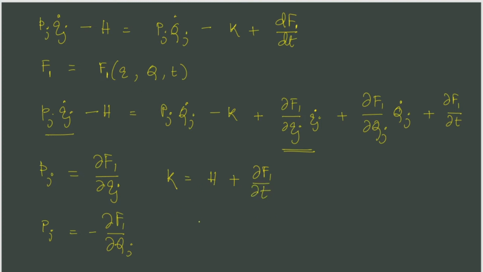So what we can say is, if we have an appropriate function given in terms of the old and new coordinates, then it's easy to construct the remaining variables. For example, the old momentum, we can easily construct it as del f1 del qj, and then we have the new momentum which is given by minus del f1 del capital Qj, and the new Hamiltonian would be the Hamiltonian plus the partial derivative of f1 with respect to time.